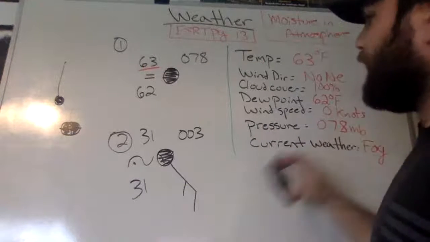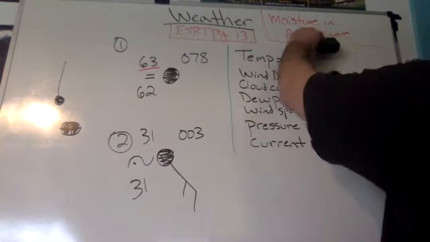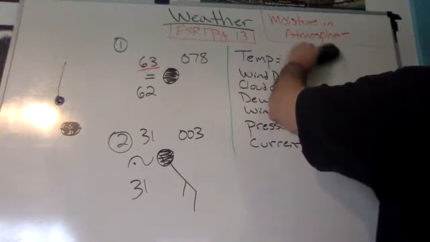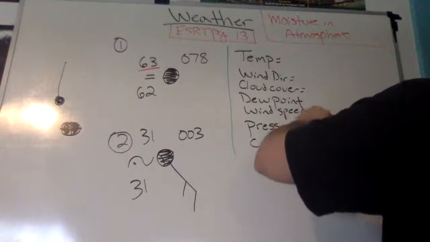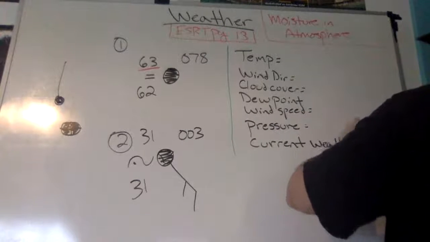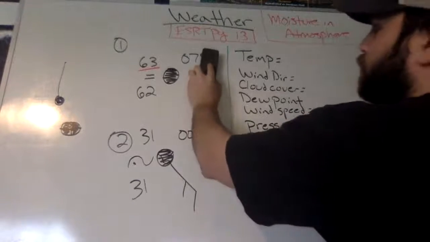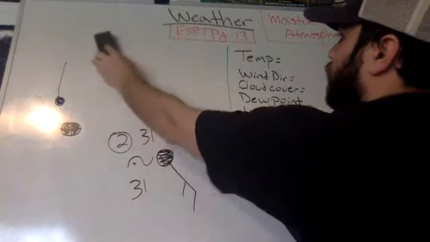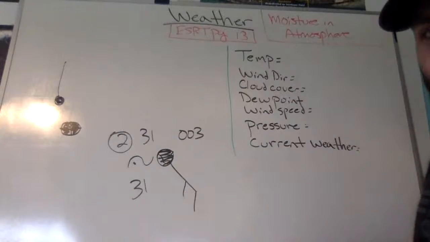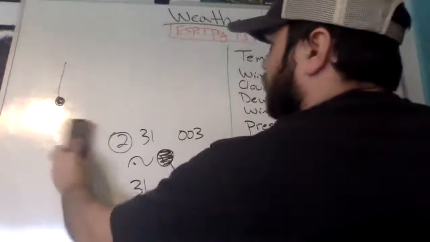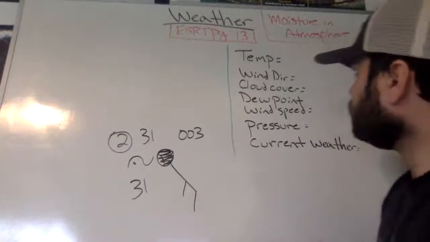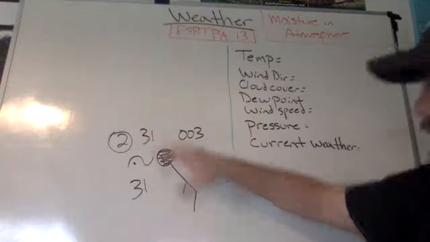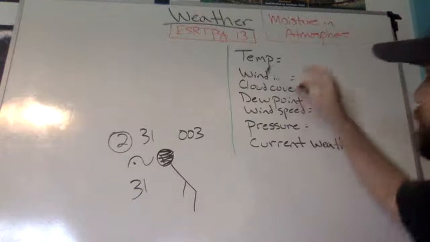So we're going to do the same thing now for number 2. I'm going to erase these answers, get rid of the number 1, and now we're going to look at number 2. We'll go right down the list.